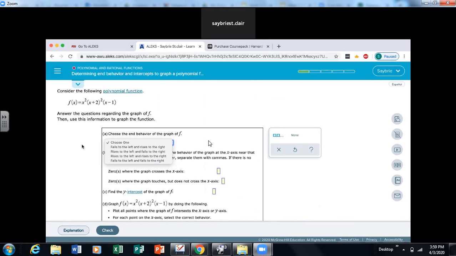Ooh, it looks pretty complex. So here, I'm going to send you a picture of what I got. See if it matches first.